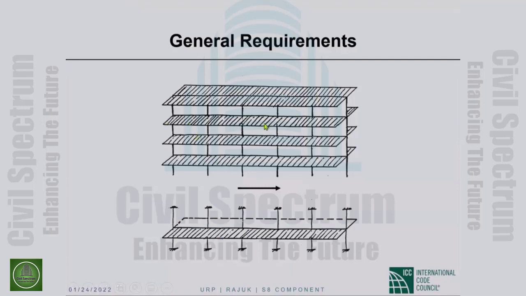We can take a slab strip on any particular level as shown in the picture, and then we can take the columns that are directly supporting the slab strip. The columns above the slab strip will be considered fixed at the upper level, and then the columns below the slab strip will also be considered fixed at one level below.